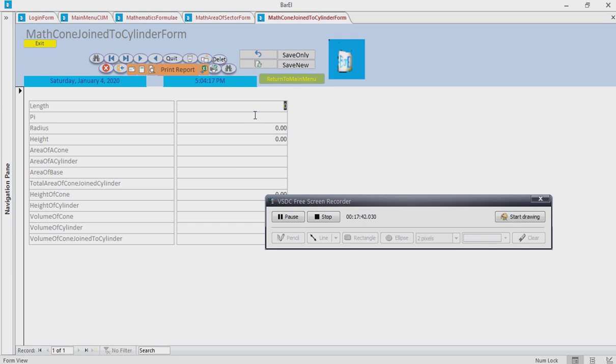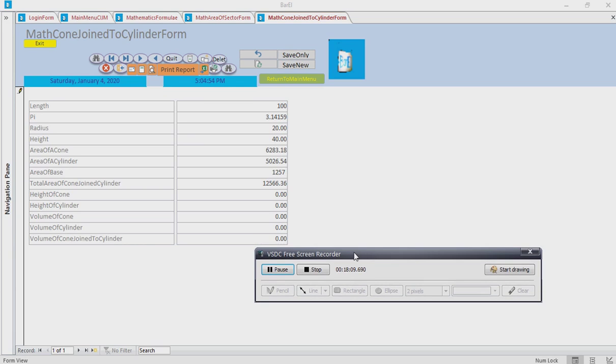Conjoined cylinder. If the length is 100, the radius is 20, and the height is 40, the area of the cone is 6,280.18.